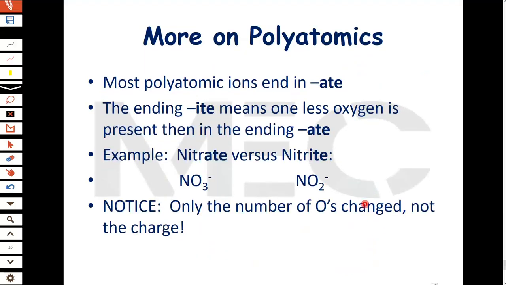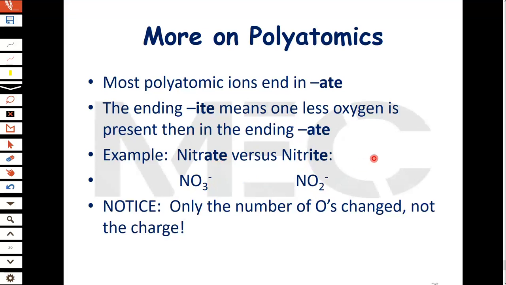Most polyatomic ions end in ATE. The ending ITE means 1 less oxygen present. For example, nitrate is NO3 minus and nitrite is NO2 minus.